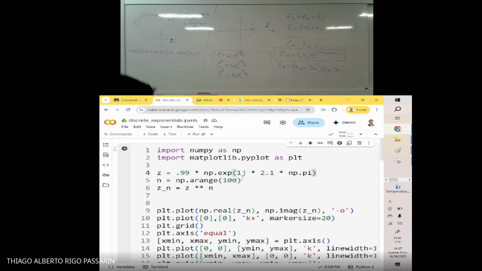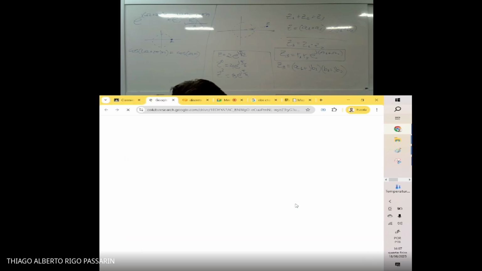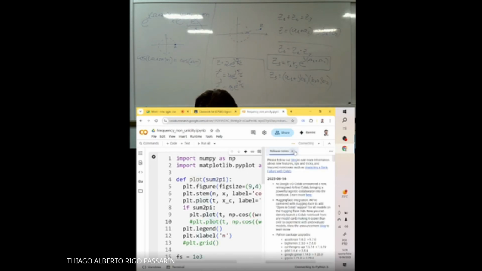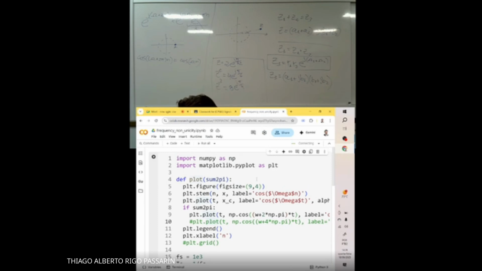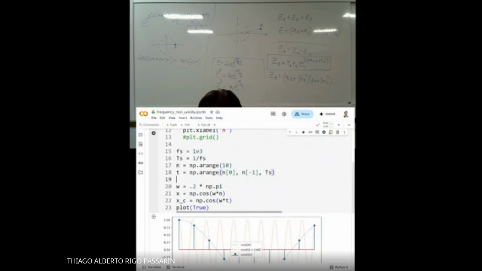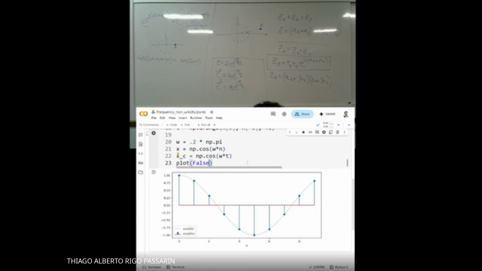I have another script here which gives some visual intuition for this. Frequency, non-unicity. Here's my script. We start with false. And what this script does is it creates a cosine and it samples the cosine.